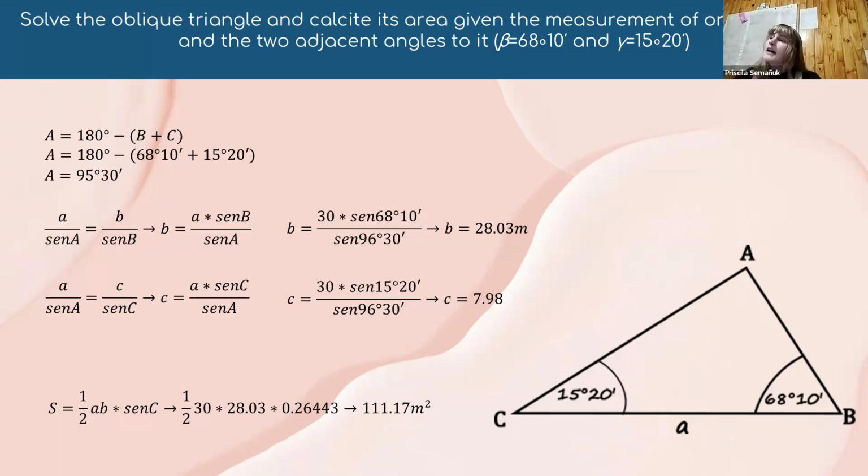Now, I don't have it here in my drawing, but I can help you visualize which side is b, a, and c. We know a is already written here, the lowercase a. That's the side I'm standing on. So my opposite angle, the one I'll be facing right on, is the uppercase A. If I stand on C, the angle 15 degrees 20 minutes, the side I'm facing will be lowercase c.